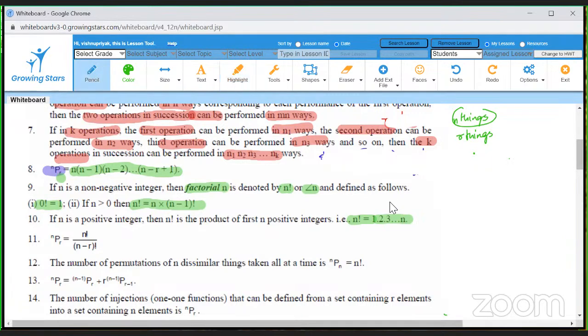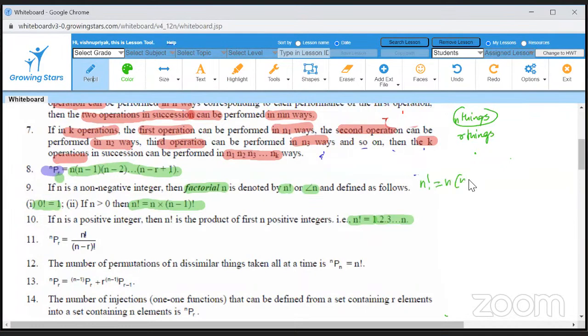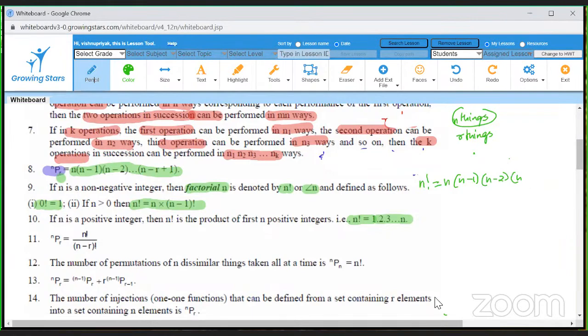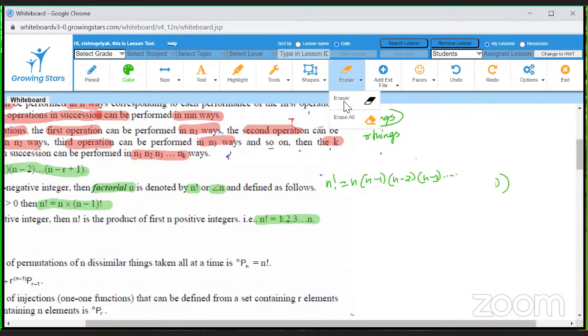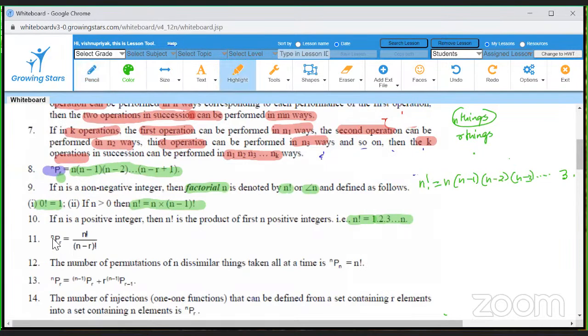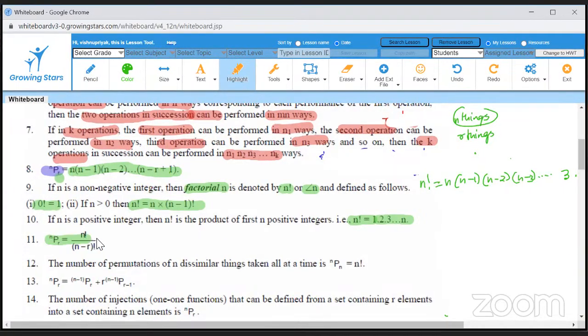Or you can write n factorial like this also: start with n, minus 1, again minus 1, again minus 1, like that go on subtracting 1, and you'll reach 3, 2, 1. Two ways. Now the exact definition of NPR is n factorial by (n minus r) factorial.